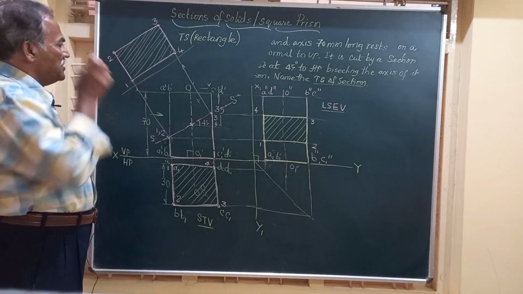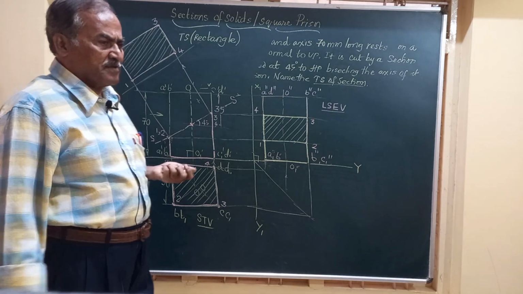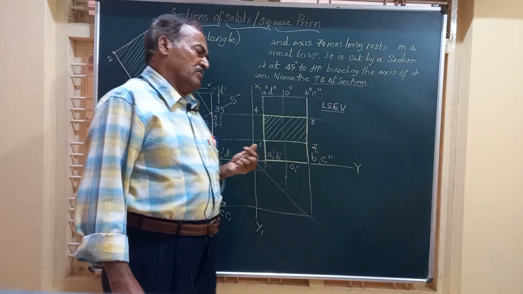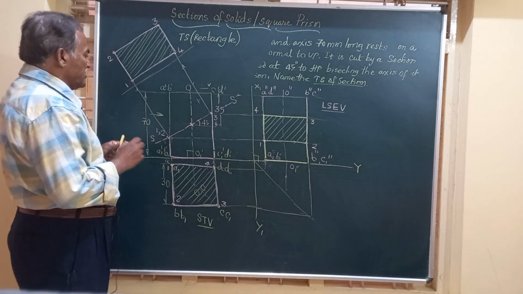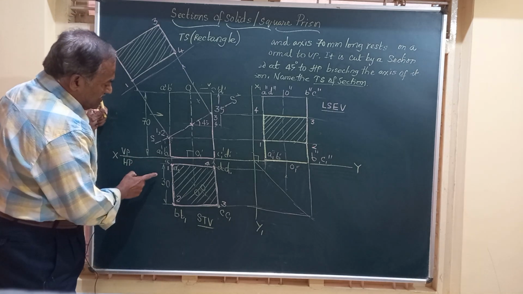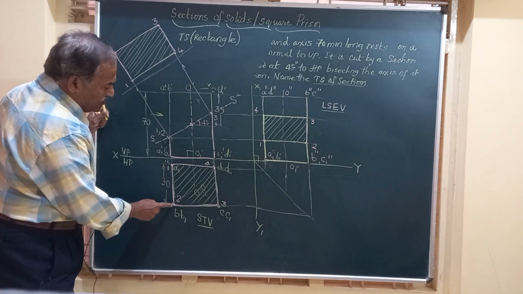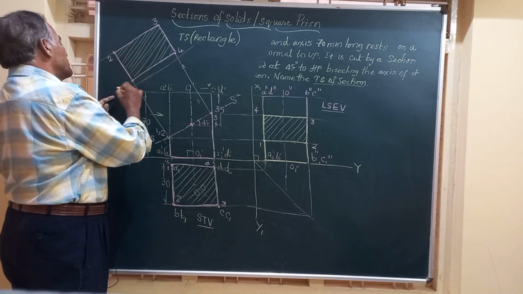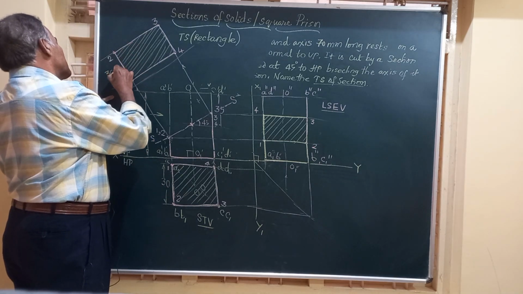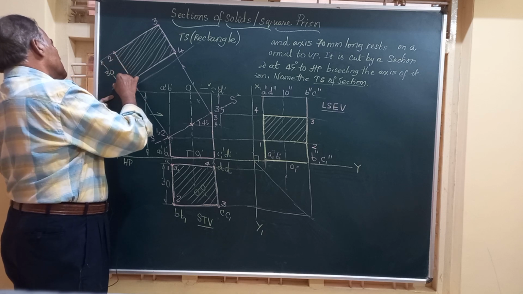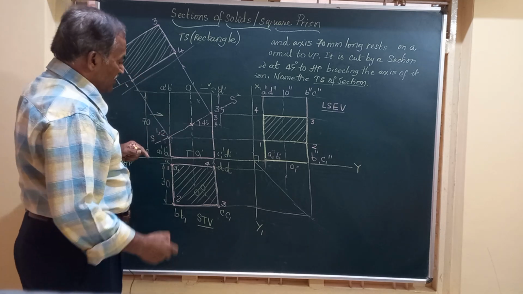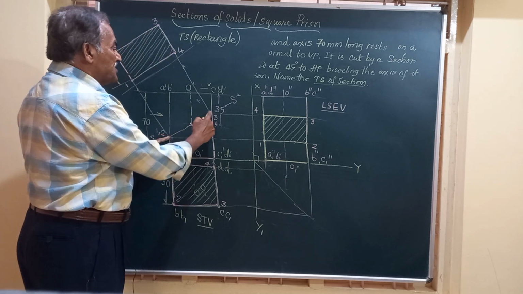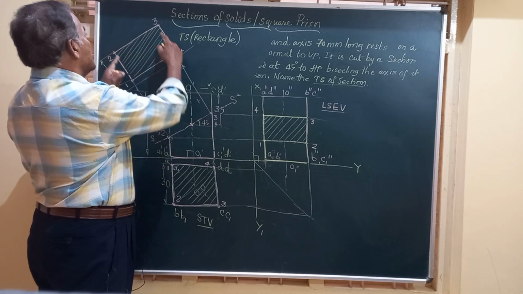Friends, here there are some very salient points to be remembered by every one of you. What is that? Friends, here you can see this distance 1 to 2 is equal to 30. And friends, this distance 2 to 3 is the same distance.